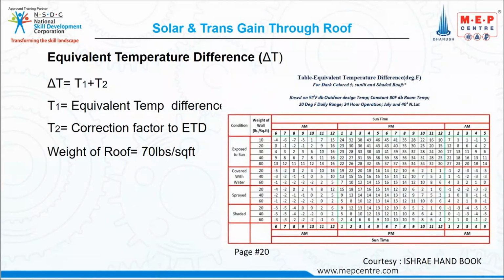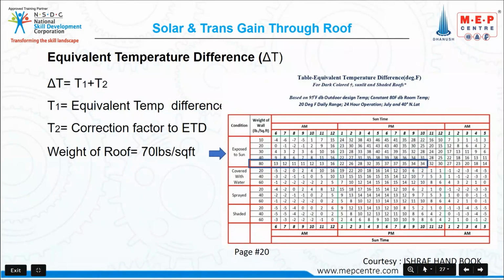So from page number 20, we have 4 different types of roof: exposed to sun, covered with water, sprayed, and shaded. Now we need to consider exposed to the sun. In India roofs are exposed to sun, and as it is 70, we are taking nearby 80.